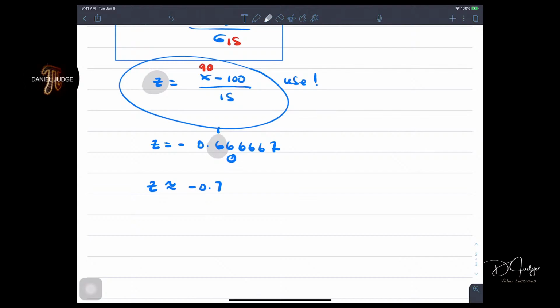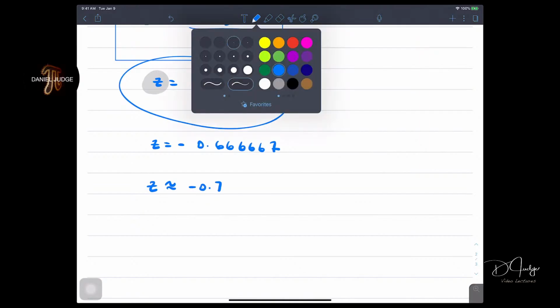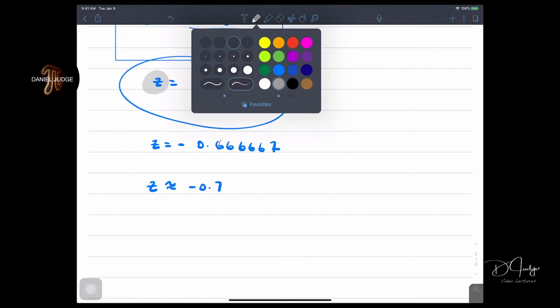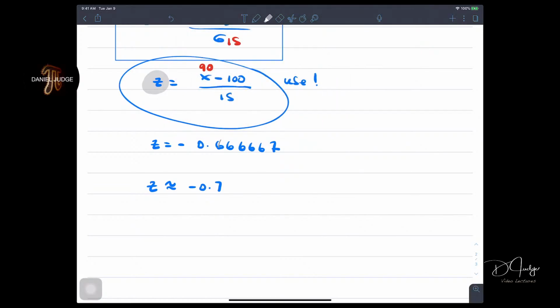I apologize, we don't approximate to the tenths, we approximate to the hundredths position. So find the digit in the hundredths: tenths, hundredths. There we go. The 6 is in the hundredths. Look at the digit to the right, and if that digit is a 5, 6, 7, 8, or 9, we add 1. So we get negative 0.67 as a z value.